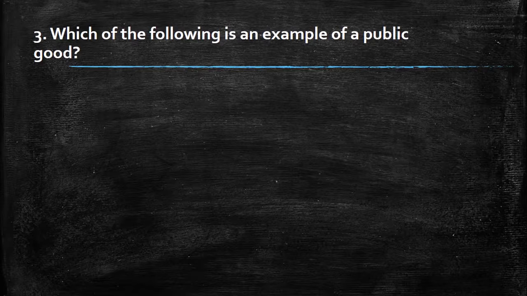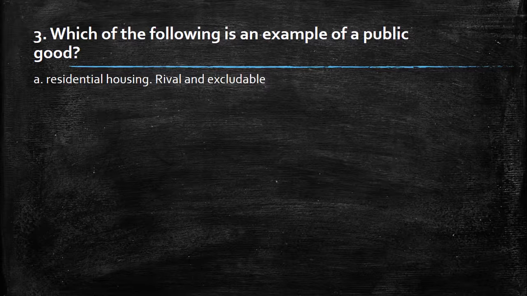Which of the following is an example of a public good? Remember, public good: non-rival, non-excludable. Residential housing is basically rival. If you are in a house, you are occupying a place, and you are preventing another person from sitting in the same place.